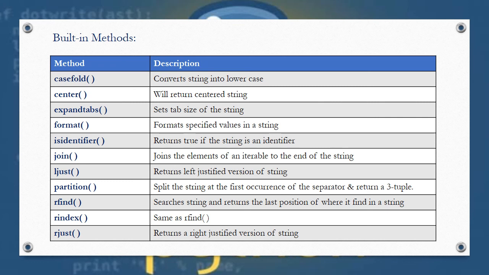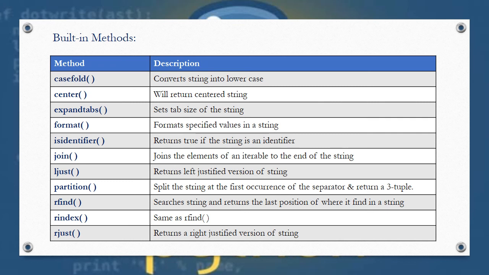The partition method splits the string at the first occurrence of the separator and returns a tuple of three parts: the first string, then the separator itself, and the other remaining string. rfind searches the string and returns the last position of where it finds the value in a string. rindex is the same as rfind.